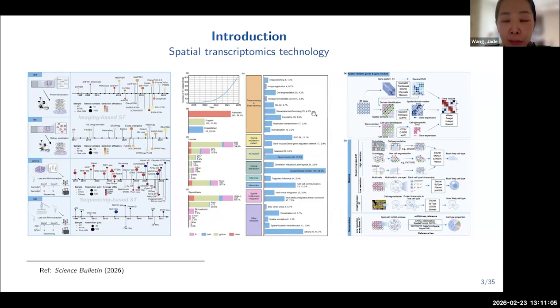Those methods highlight a lot of different aspects of spatial transcriptomics data analysis. From this figure, I'm sorry, the text is a little bit tiny, but we can see spatial domain detection, deconvolution, cell annotation, integration. Those are all popular tasks where researchers have developed computational, statistical, or deep learning methods to analyze spatial transcriptomics data.